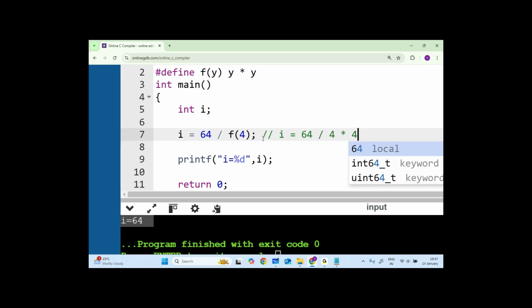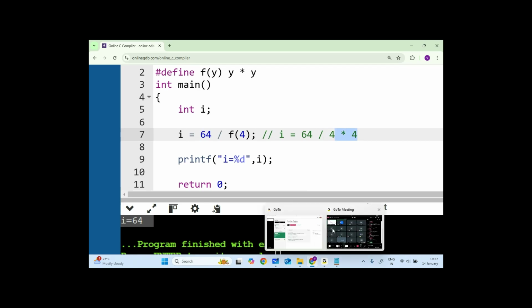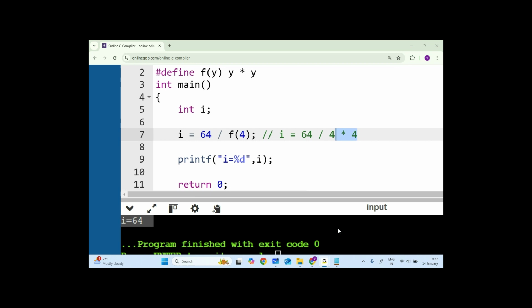It is not a whole divided by. In programming language, it's not a whole divided by. So first the division is calculated, and then the multiplication is done.